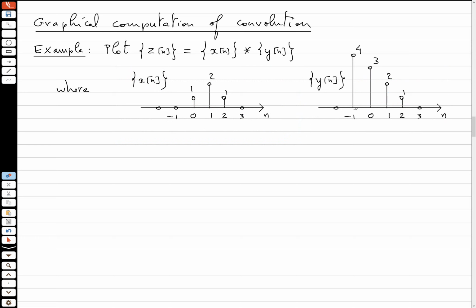All right, so there's a trick. We know that for each n, z of n is the sum of x of k, y of n minus k.